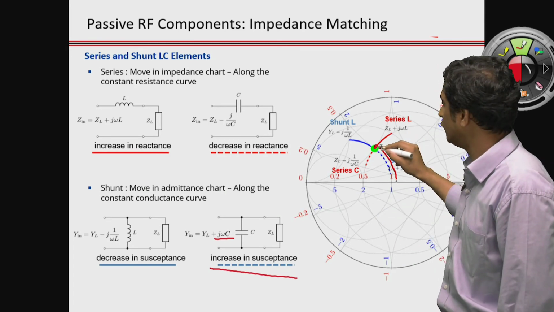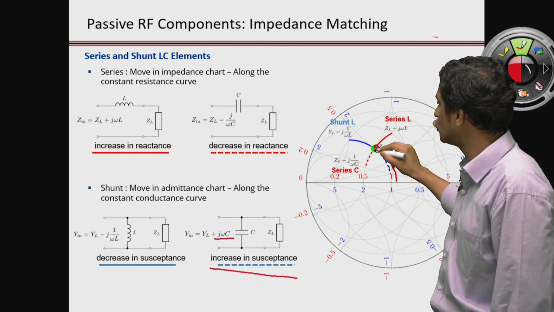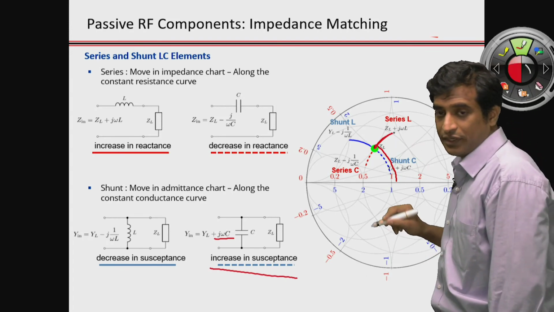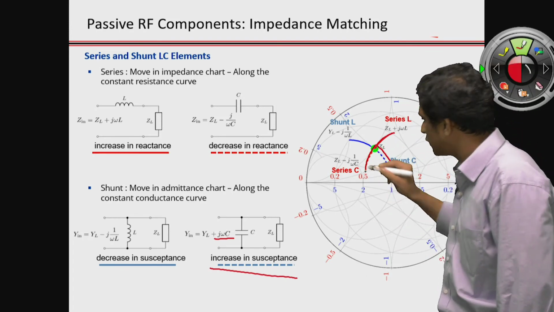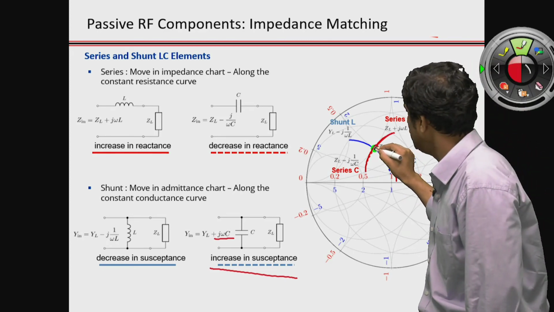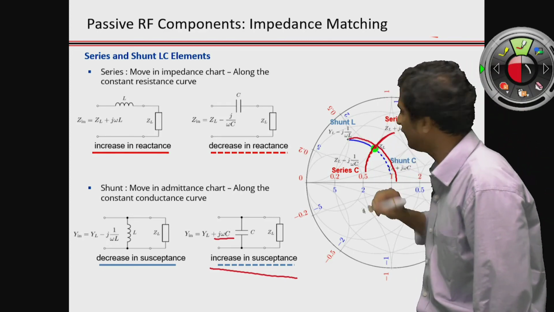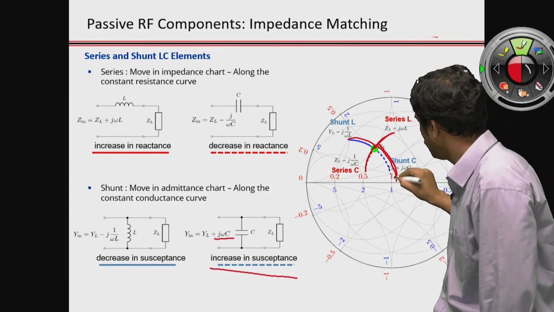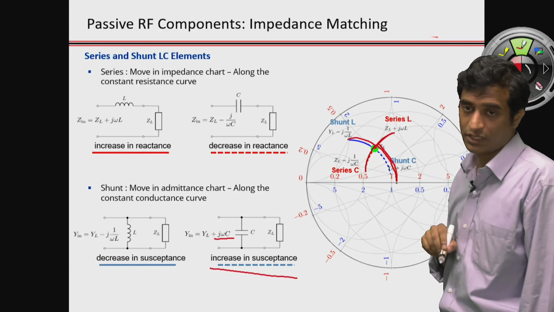And the movement for an inductor in series is going to be in the clockwise direction, and it is going to be in the counterclockwise direction for a series C. For a shunt L, it is going to be counterclockwise in the admittance chart, and for a shunt C, it is going to be in the clockwise direction in the admittance chart.